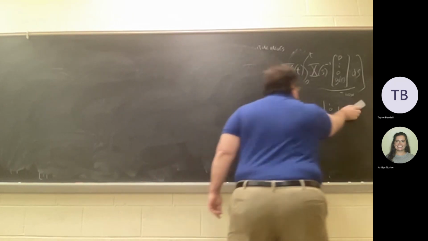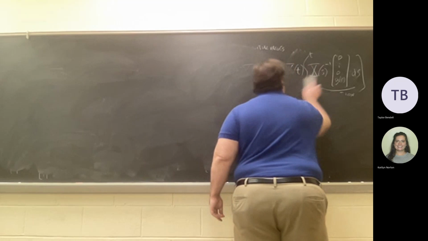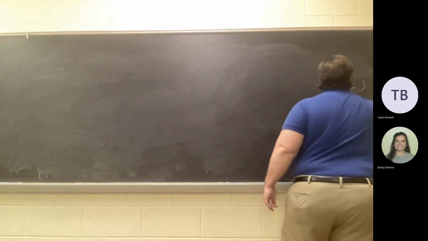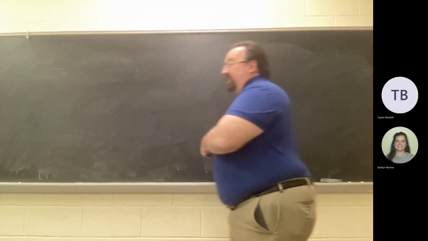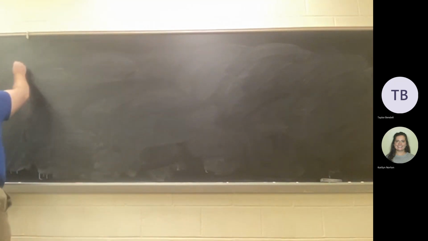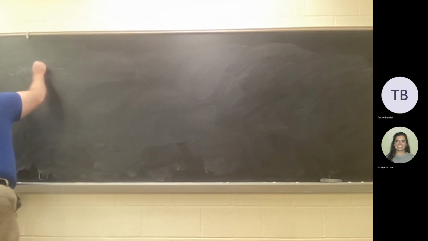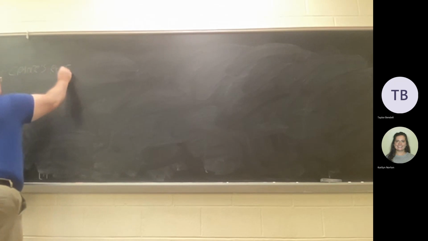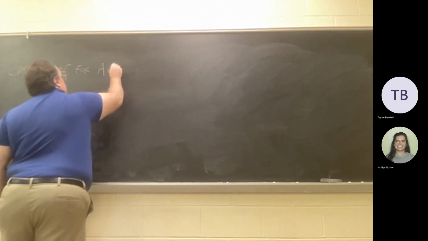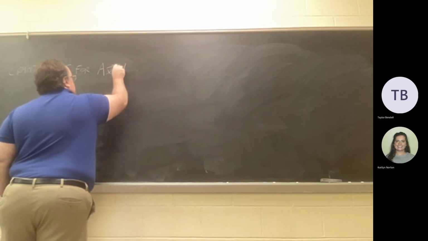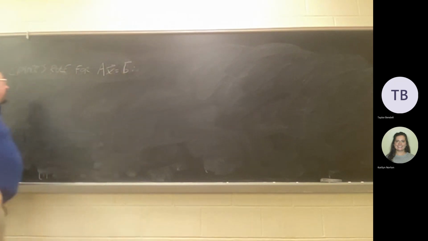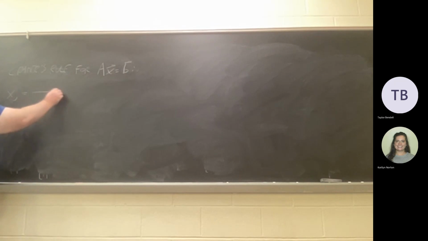So I'll just talk about it from the perspective of solving any old system, AX equals B, and then it just gets applied to this where everything's a function. Okay, so Cramer's rule for AX equals B gives a formula for each component of a solution, X. And it's a surprisingly simple formula, at least in appearance.